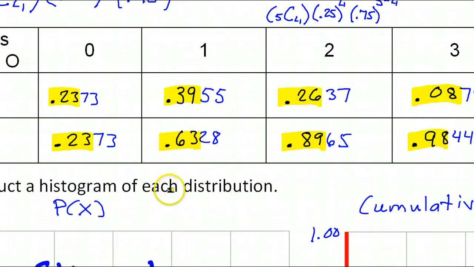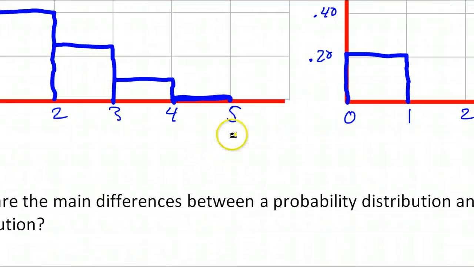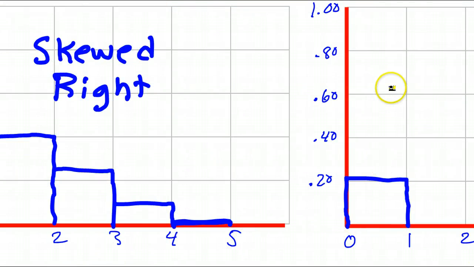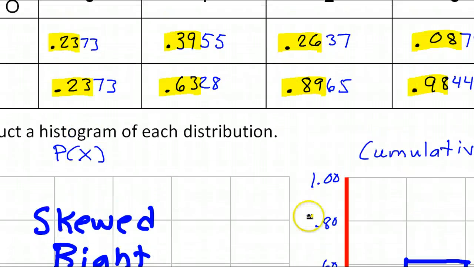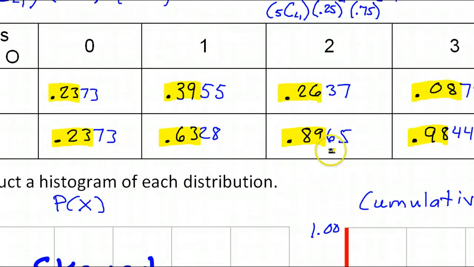So number 1 is at 0.63. Okay, so that's up about here, just a little bit above 0.60, 0.63. Okay, how about number 2? Alright, number 2 is 0.89.